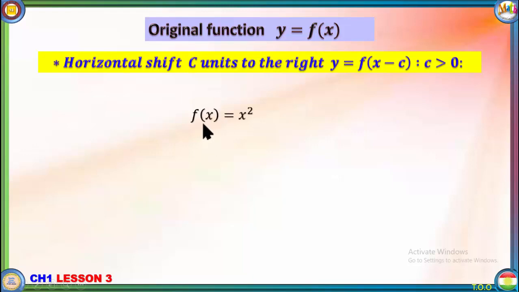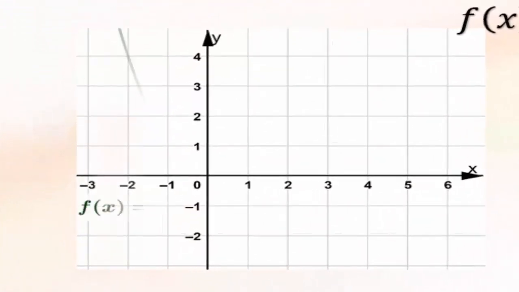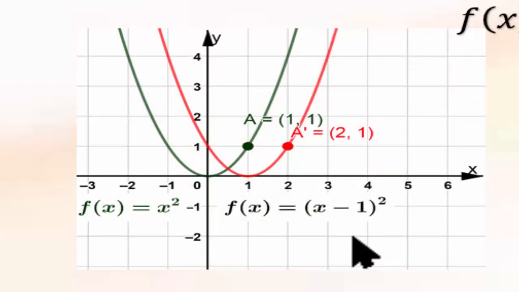If we take f(x) equals x squared and draw its graph, it is like this. If we move this graph to the right 1 unit, f(x) becomes (x minus 1) squared. The point A goes to the point A dash.